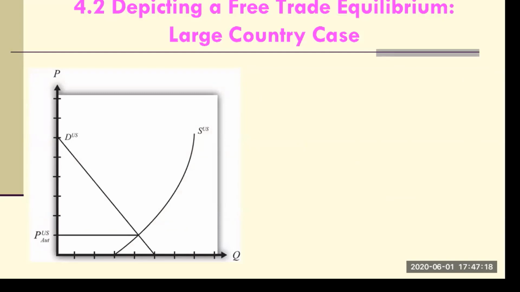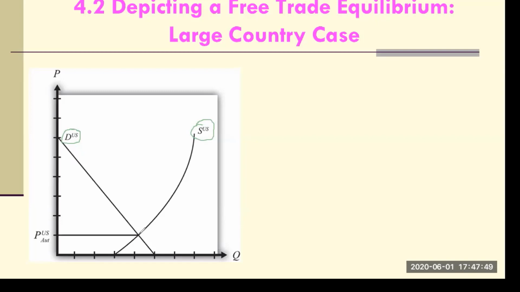This diagram indicates the demand and supply of the United States. As you see, this is the supply of the United States as well as the demand of the United States. This is the autarky price of the US.